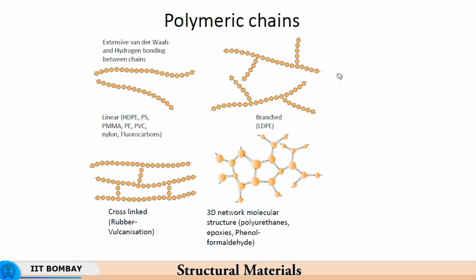The branched chain, as in case of LDPE, low density polyethylene, is the outcome of a number of branches being formed in a single chain, and when these branches interact, again they prevent the two chains coming together, and that is the source of strength in case of LDPE. So we talk about HDPE, polystyrene, PMMA, etc., where these chains are responsible for generating the strength that we see.